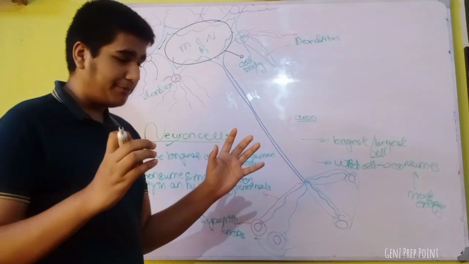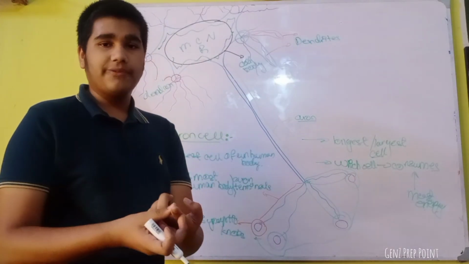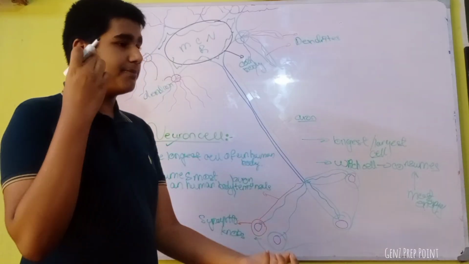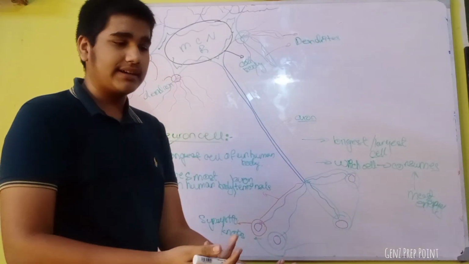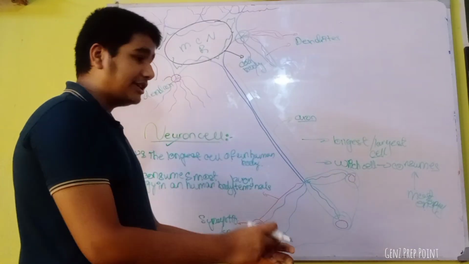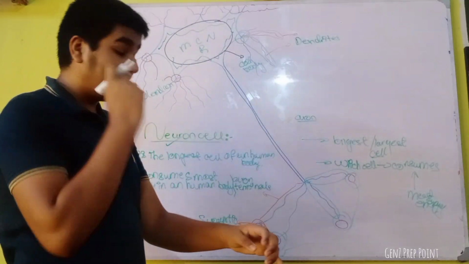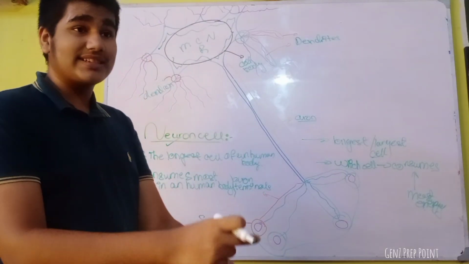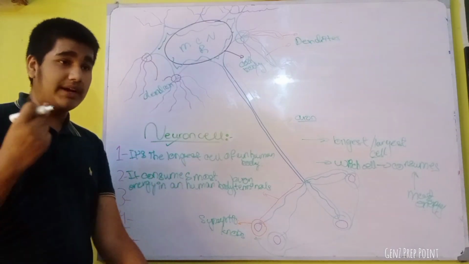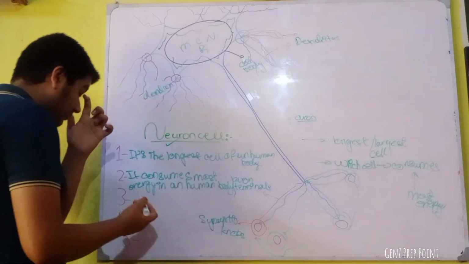Let's say, for example, I broke my finger. So how is my brain gonna respond to that stimuli? It's the neuron cell that is attached to my finger and to my brain. It's traveling through, sending an electrical impulse to my brain for a response.